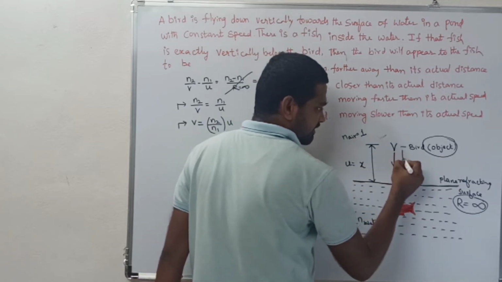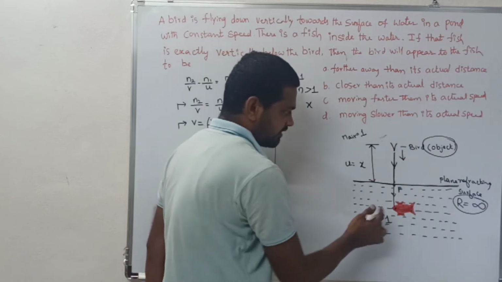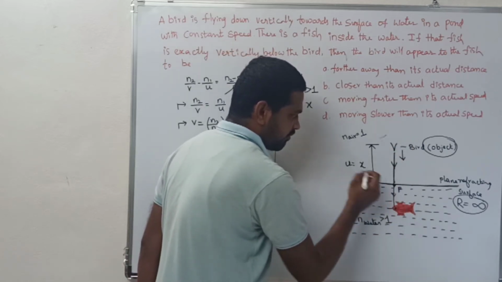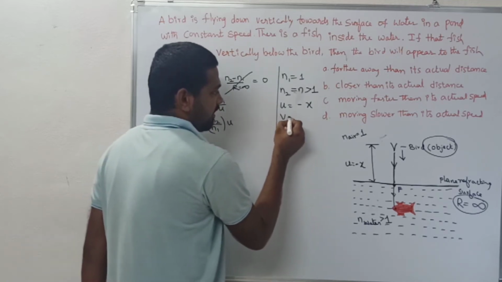From the object, the incident ray is emitted towards the refracting surface. So this is the direction of the incident ray. You need to measure the object distance from the pole, so U will be negative. Clear?